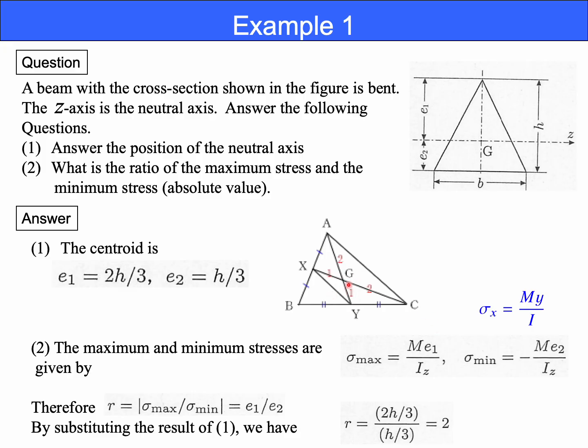In order to find the position of the centroid, you draw a line from the diagonal corner to the middle point of one edge, and also draw another line to the center from A, and you have the centroid at the crossing point of these two lines, just like this. All right.